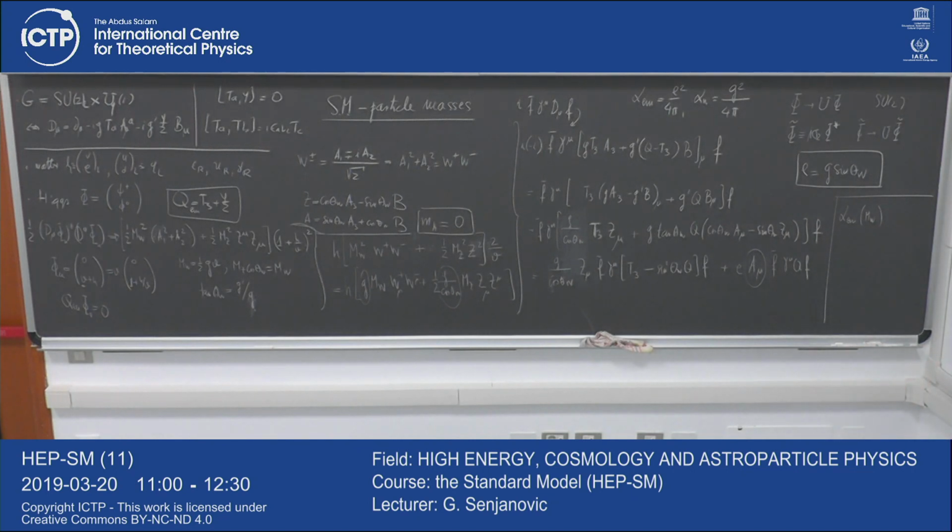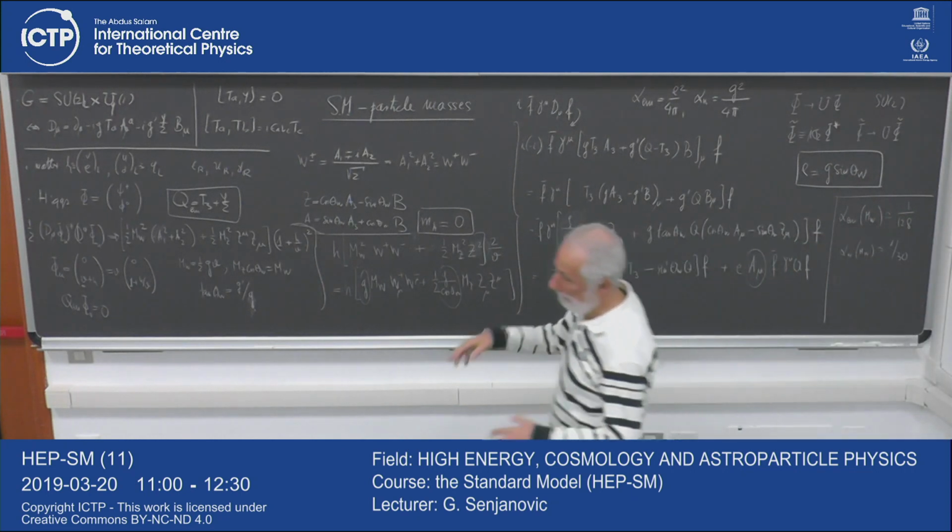And this is roughly 1 over 128. Actually, I remember this 1 over 120 very often, because I remember alpha weak at MW to be roughly 1 over 30. And the ratio between them is sine squared theta W, which is basically 1/4, roughly.